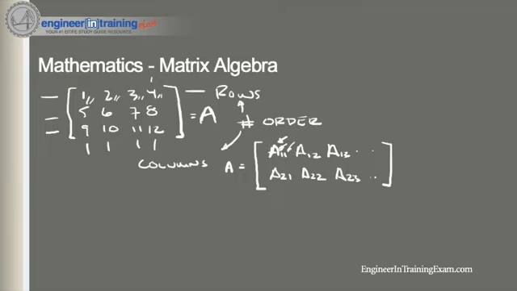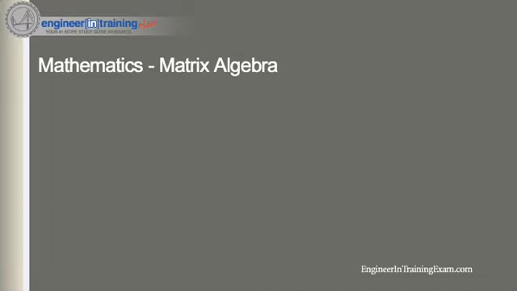So now let's jump real quick into some operations. Let's talk about the addition and subtraction of matrices. How do we add and subtract matrices? Given two matrices, they may be added or subtracted only if they have the same order or dimension.